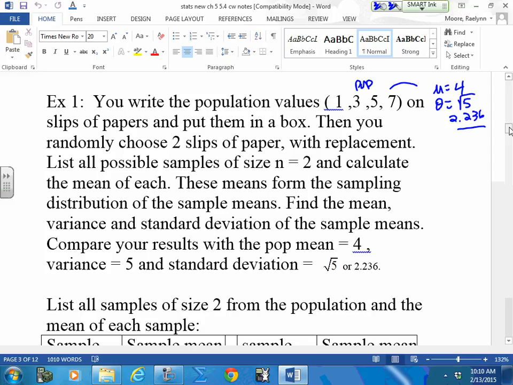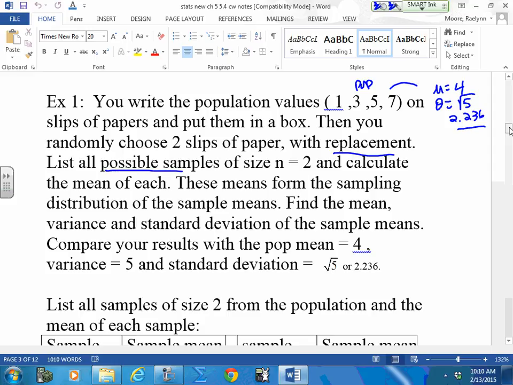So we're going to randomly sample 2 of those numbers each time. A sample size of 2 each time with replacement. We have to put them back every time we pick a sample. Otherwise, we would run out of numbers. We wouldn't be able to get too many samples. And we need to make sure that they all have an equal chance of being selected.